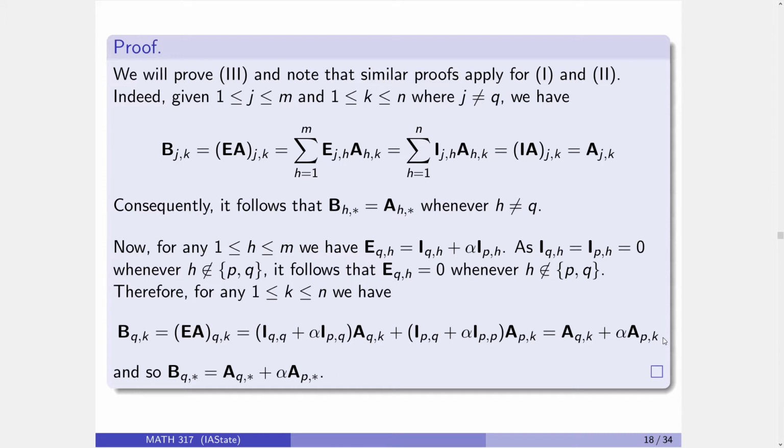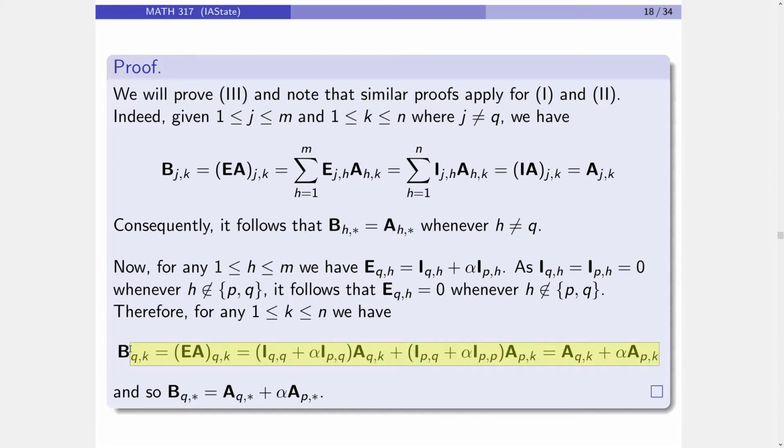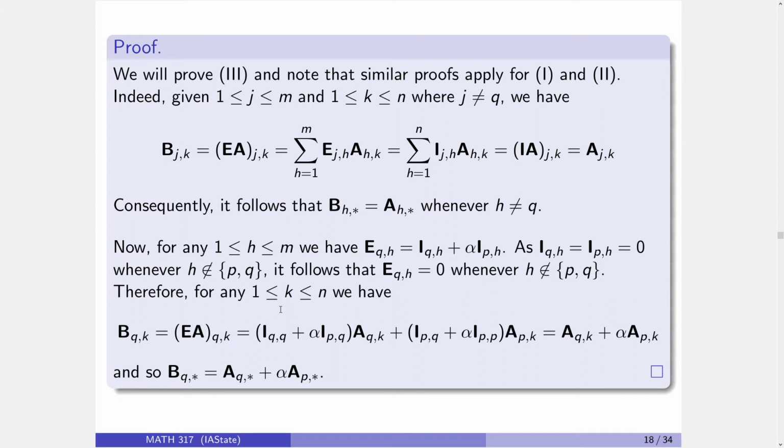As I noted, this is a great example of a proof that's not hard per se, but there's a lot of indices flying around, so you're minding your p's and q's. This is a little bit of a harbinger of things to come.